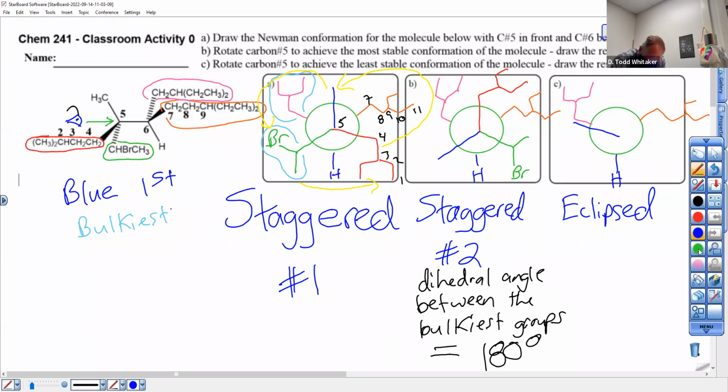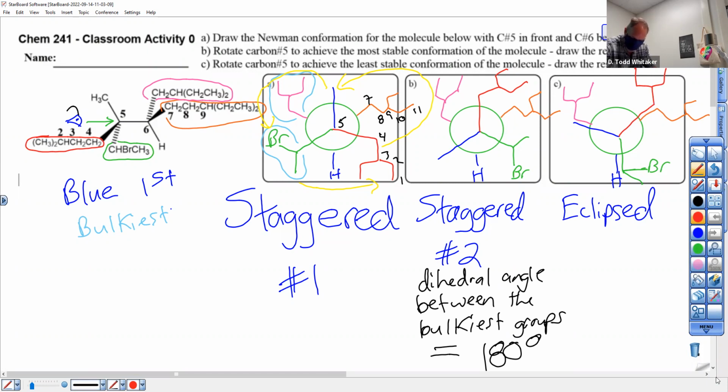The green got rotated the same amount. And the red got rotated the same amount. CH2 once, C with a diethyl. And you'll see that, wait, did I do that right? I said the bulkiest should be in front.